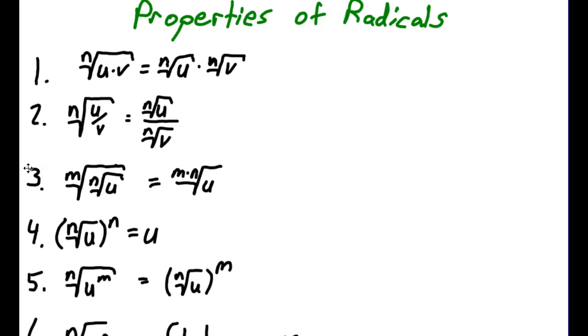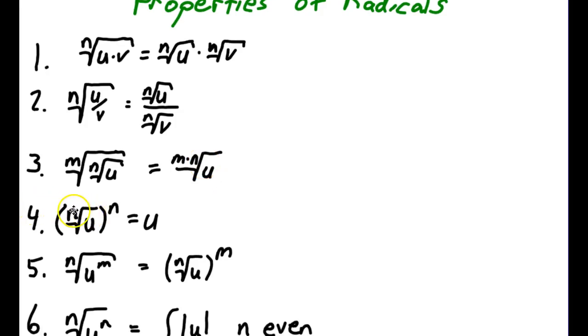Third one, if we have the nth root of the nth root of u, we can simply multiply these two roots together to create one radical. The fourth one, we have the nth root of u raised to the nth power. These are going to simplify each other out and leave us with just u.